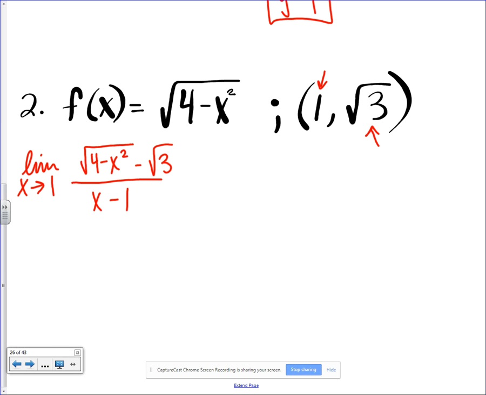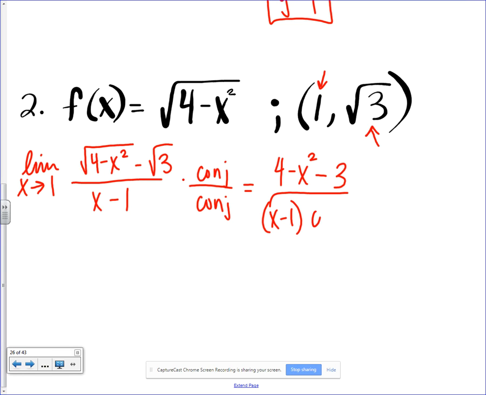Well, looking at this, it looks like I need to multiply by the conjugate, which will give me that. So up top, I get negative x squared. Actually, I don't think I'm going to write it in that order. I'm going to say 1 minus x squared.